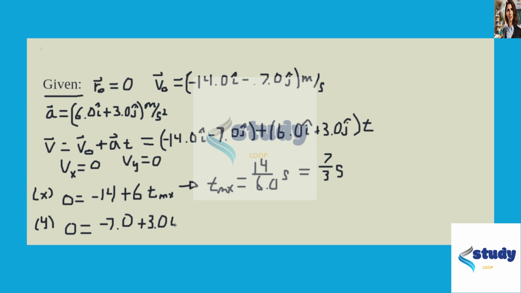But this one is the time for the y, so we'll call it t_y. Solve for t_y, and you get the ratio of, again, 7/3 seconds. So they're the same. So clearly it's at rest momentarily when the time is equal to 7/3.